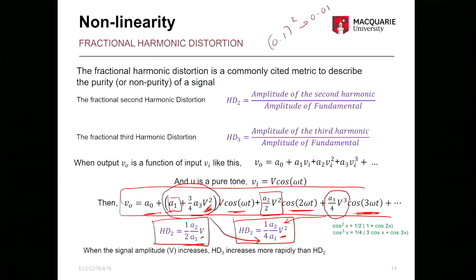We are taking the amplitude A3 V cube divided by A1V, yeah. So we ignore that part.